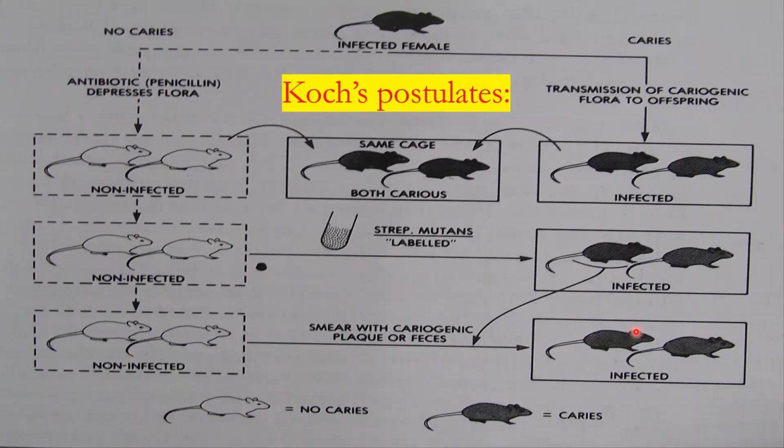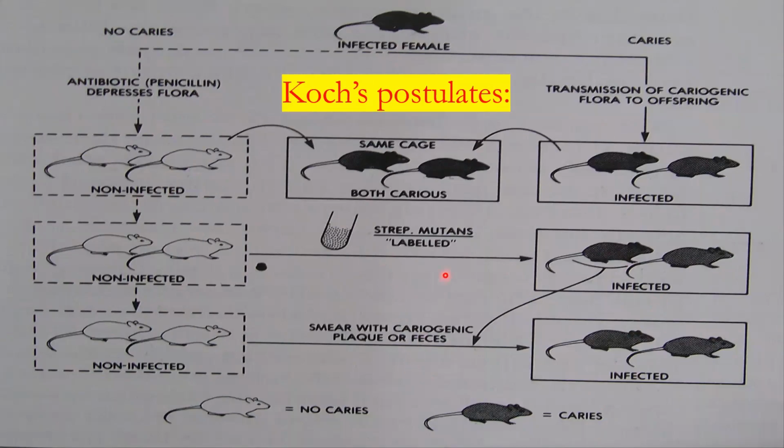What sealed the phenomenon was proving Koch's postulate. Whenever something has to be discerned as an infection, it has to be transmitted to another individual or another living being. In the experiment, the white ones are the non-infected mice and the black ones are the infected mice.